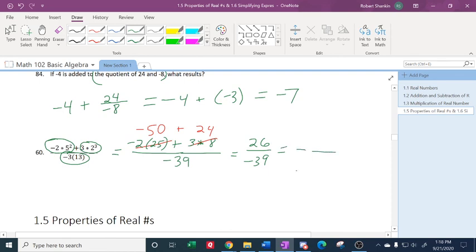I like to put my negative out in front. But they could put the negative up in the top or in the bottom or out in front, as long as there's only one negative. And is there anything common between these two? Well, this one's even, this one's odd. But I think 13 goes into each one. It's a little bit hard to see at first. But divide this by 13.